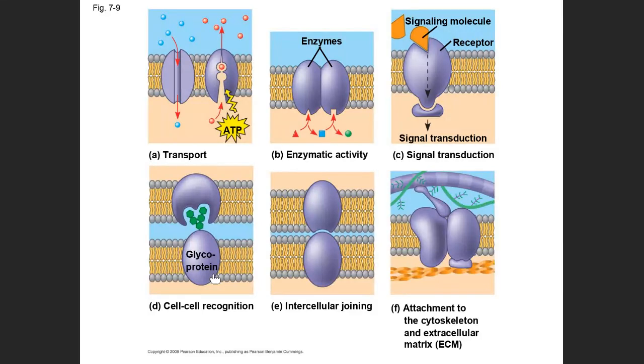And so there are cell-to-cell recognition molecules that your immune system uses in order to know they're all on the same team. Intercellular joining to keep those cells together to form that tissue or that organ, and then attachment to either the cytoskeleton inside the cell or the extracellular matrix. So many, many different proteins are associated with membranes.